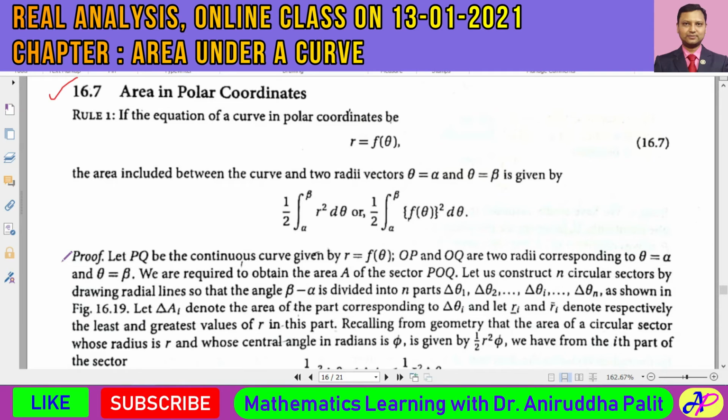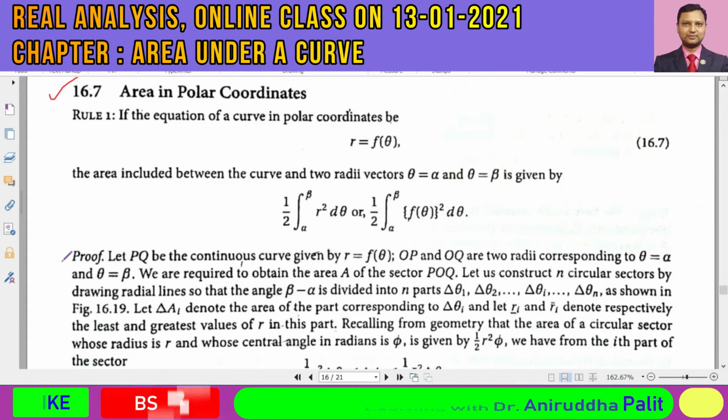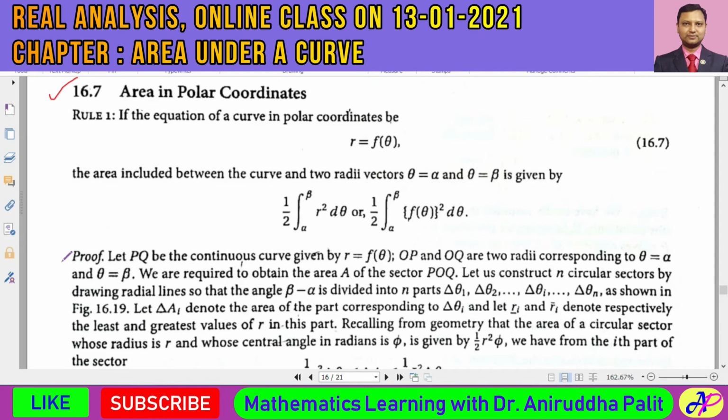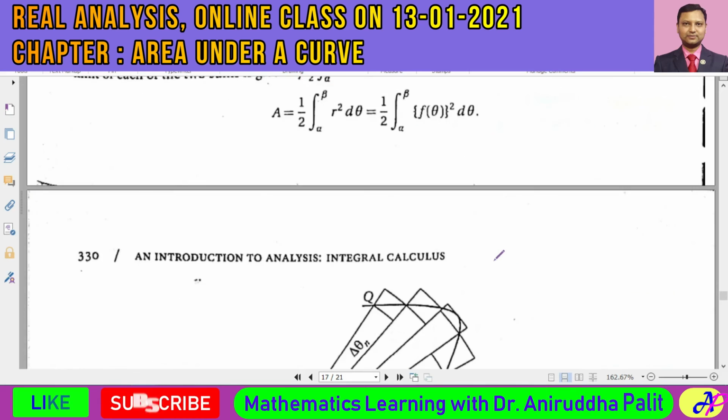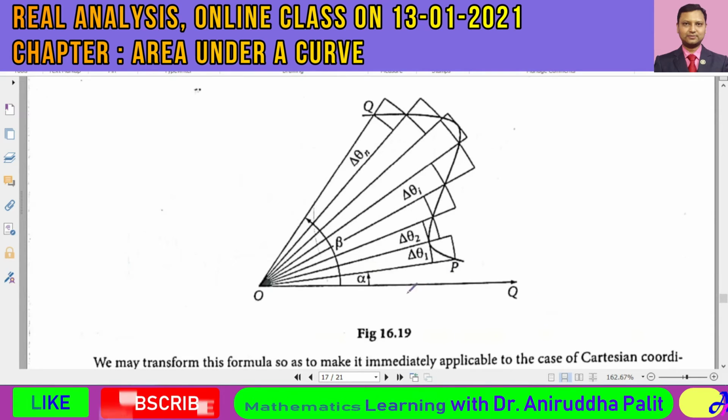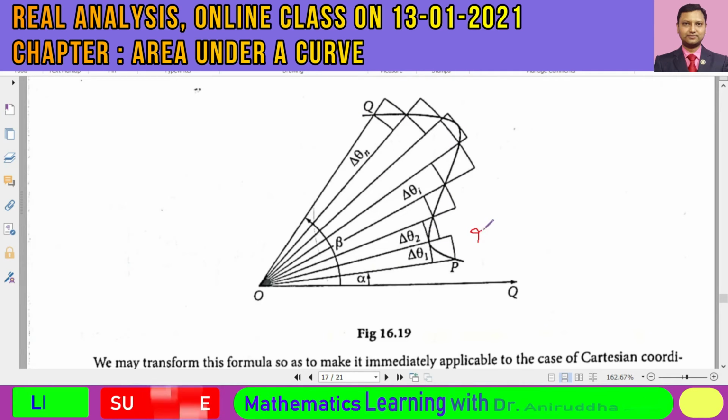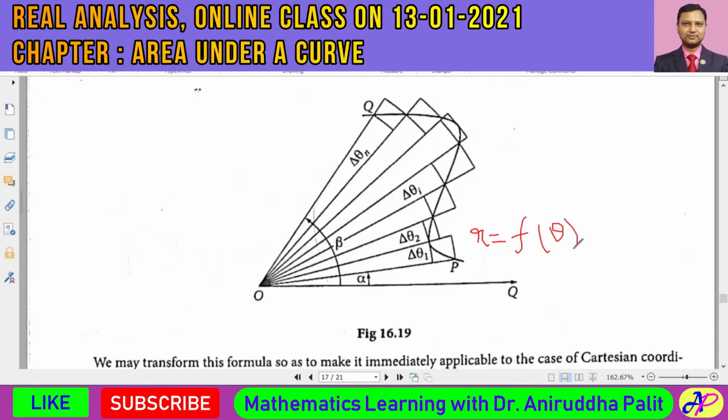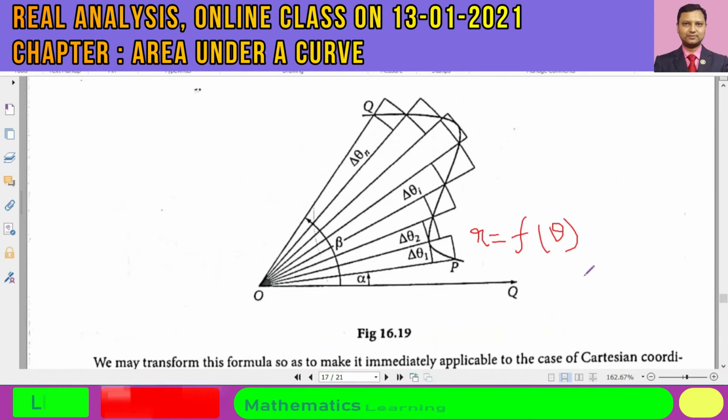If the question is given in terms of polar coordinates, then how to find out the area under this kind of curves? A good figure is already proposed over here. This is a technique by which they have computed the formula for evaluation of the area under this kind of curve. Say this is the curve, and its equation is r is equal to f of theta.